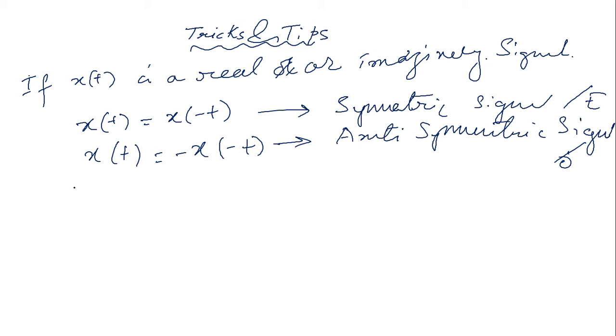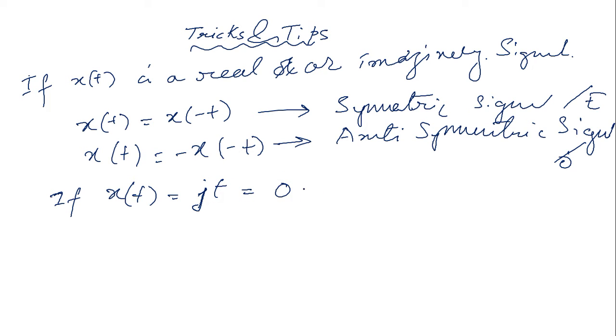So if it is an even signal, meaning a real signal, that means there is no imaginary part with it. Say x of t is jt, where j is the complex variable.